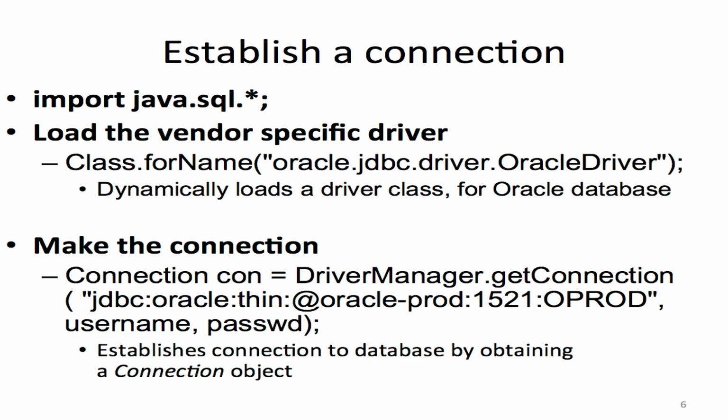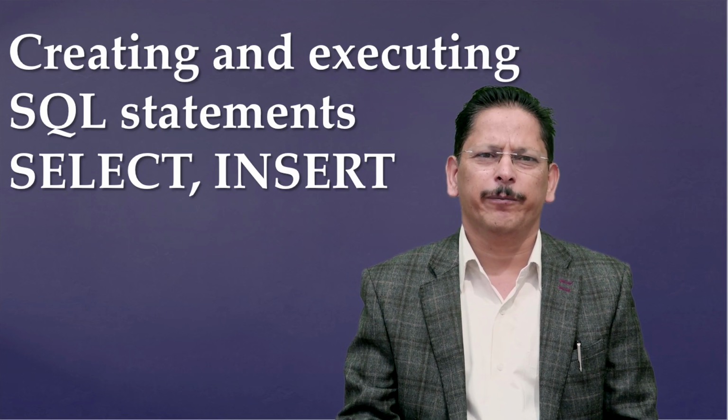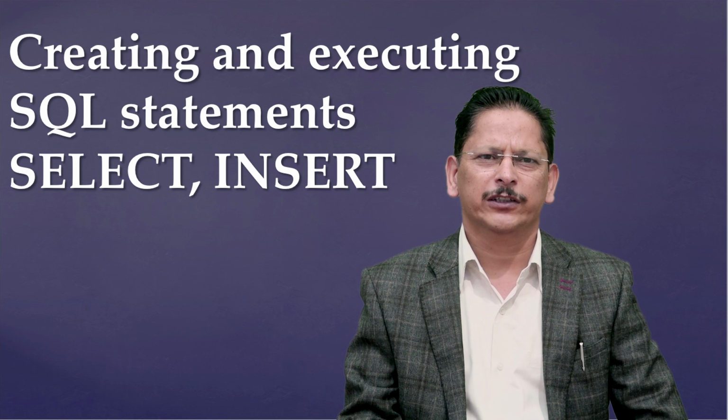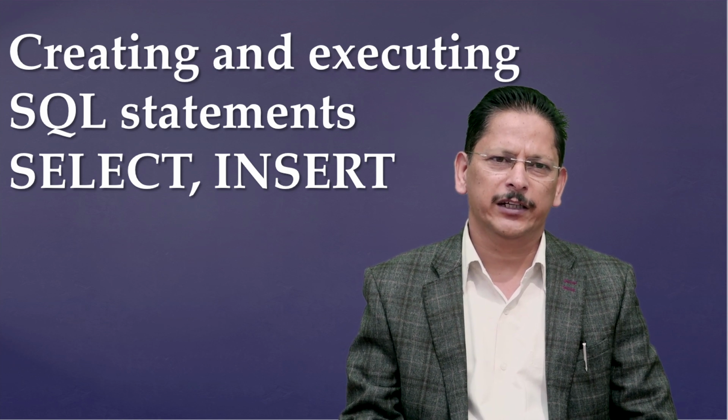These are the three arguments. We must write these three arguments in case of Oracle, but in case of MS Access we will keep them blank. So, establish a connection to a database by obtaining the connection object. This is the second step, making a connection. The first step is loading the driver, and the second step is making the connection.